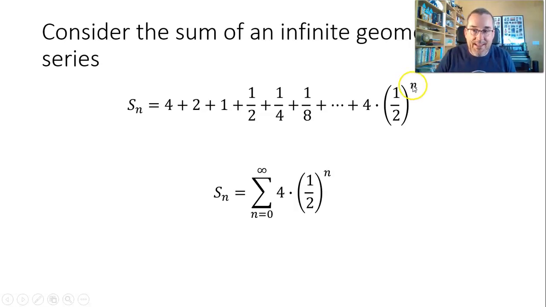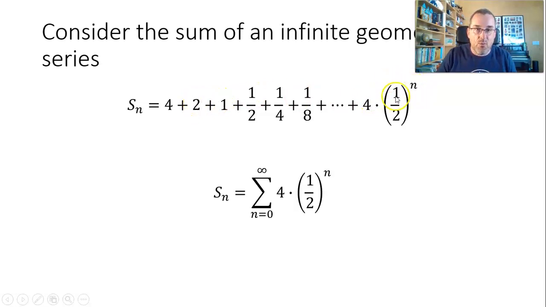Notice, when n is 0, 1/2 to the 0 power is 1 times 4 is 4. So this is going to be our n equals 0 term, our 0th term. When n equals 1, 1/2 to the 1 is 1/2, times 4 is 2.